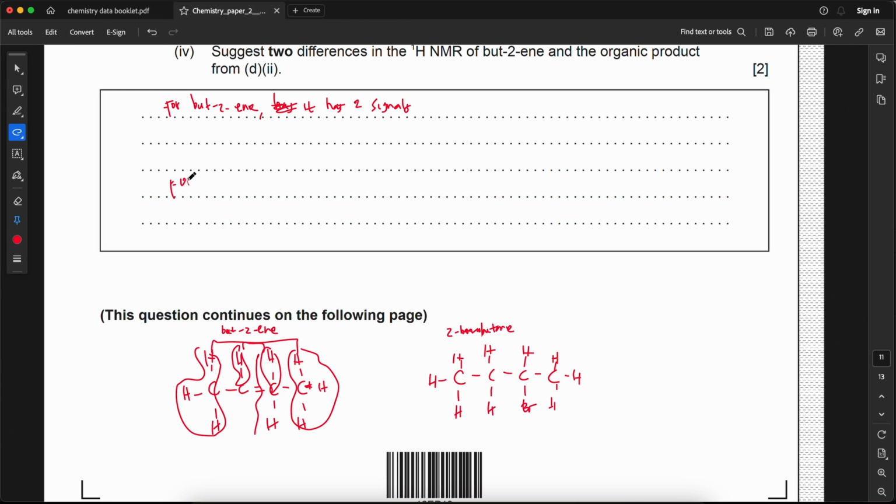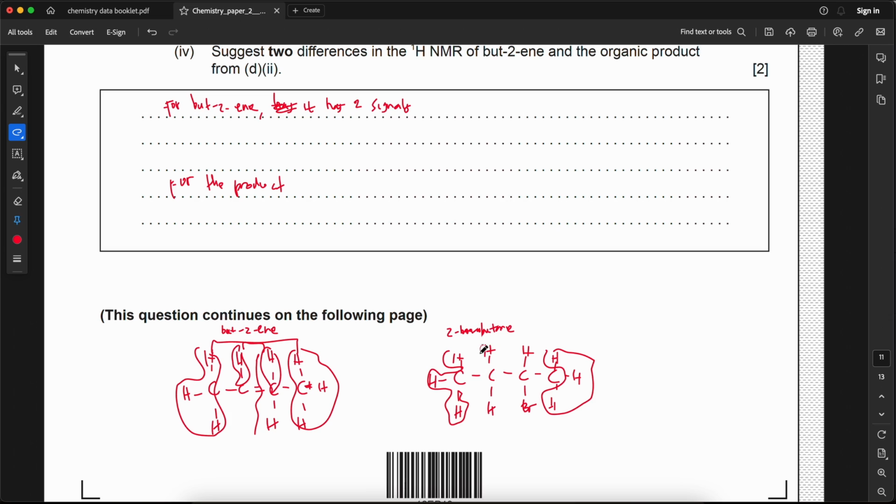And for the product, okay, so this C attached to the C that has Br is not the same as the CH3 that is not directly attached to the C with Br. So this CH3 and then this CH3, the H on the C here and the H on the C here are not the same.